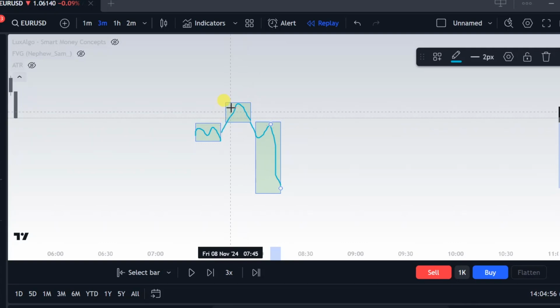So you want it to move out with a fair value gap, and then move back in with a fair value gap. This is a strong, clear indication that a Power of 3 is trying to play out.